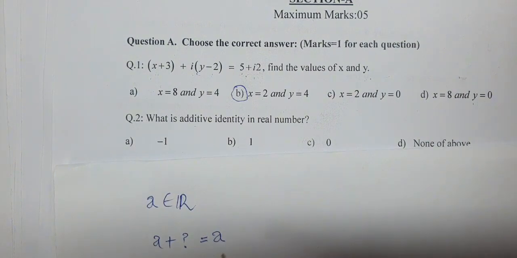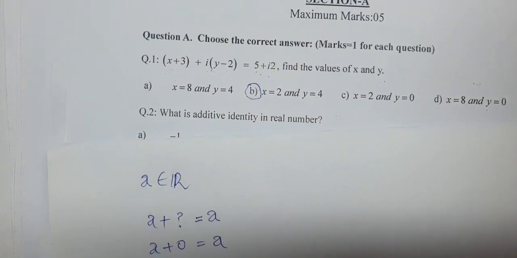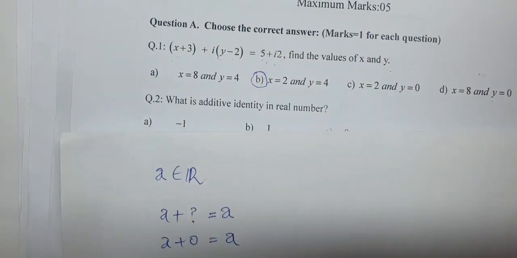What will be the number which will not affect it, which will leave it as it is? So what is that number? Definitely that is the number 0. It will leave it as it is, it will not affect it, and we will get back the same number itself.